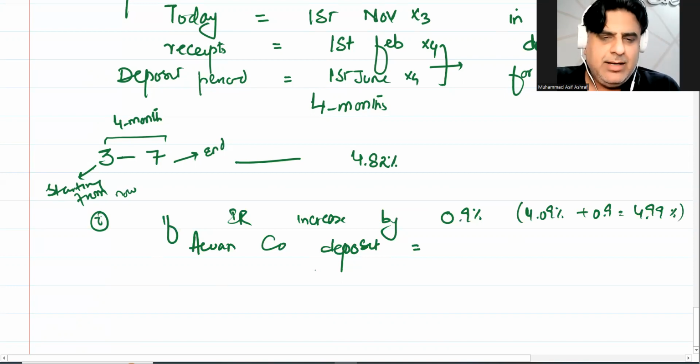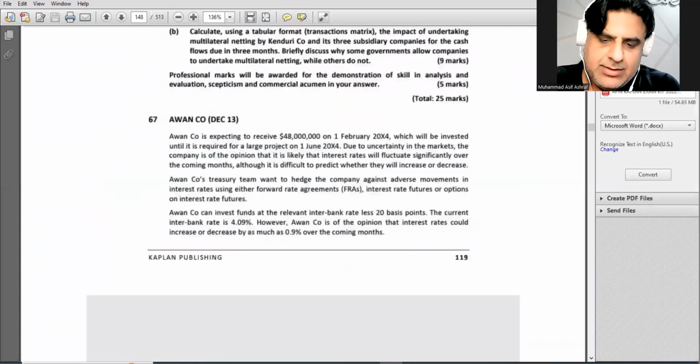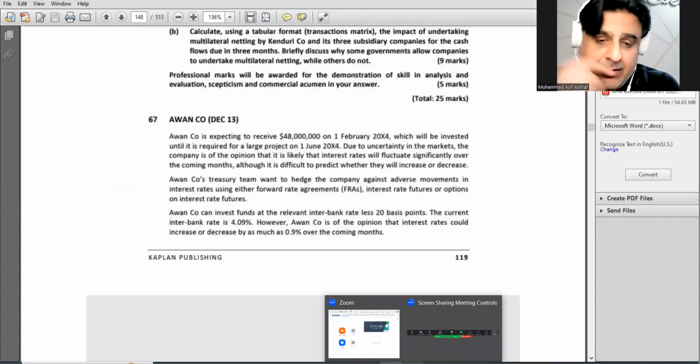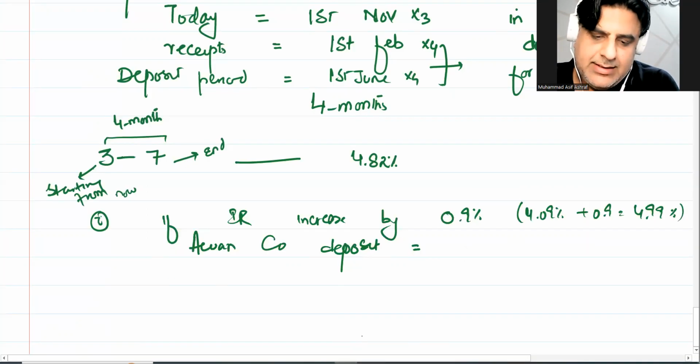Definitely, the bank will deduct some basis points from the base rate, because it will be the bank's profit. Depending on the credit rating, depending on the situation, for Avanco, if you read the third paragraph, less 20 basis points.